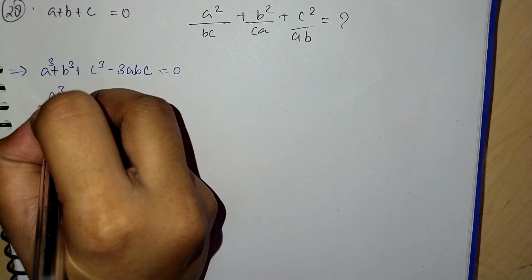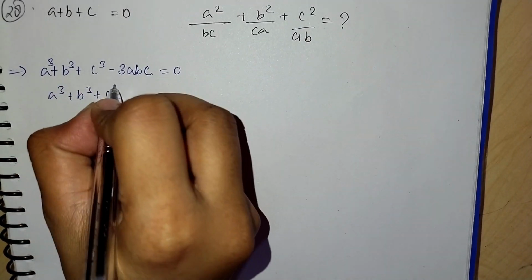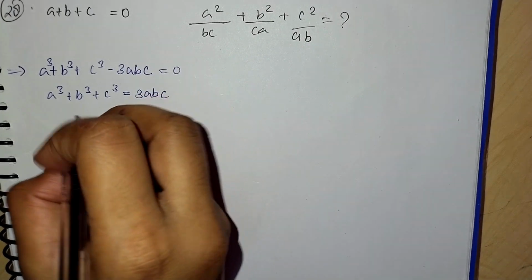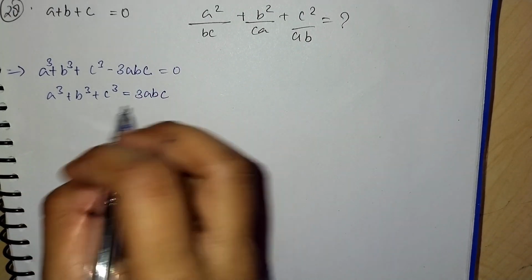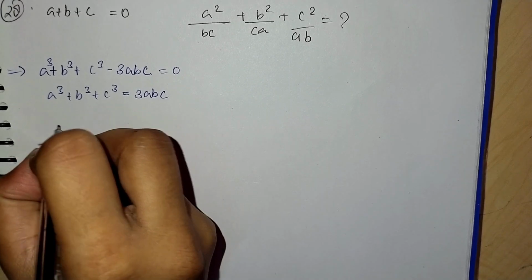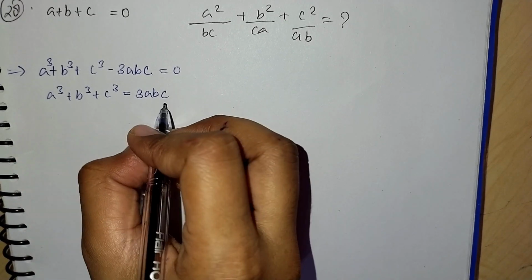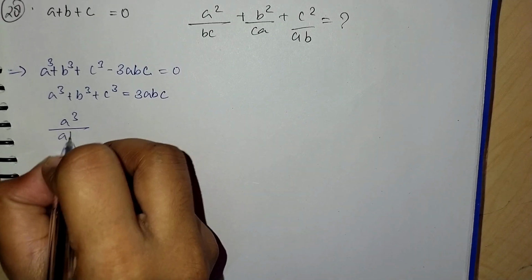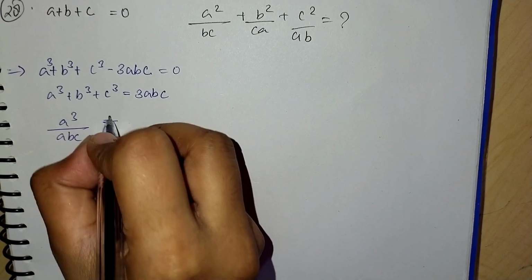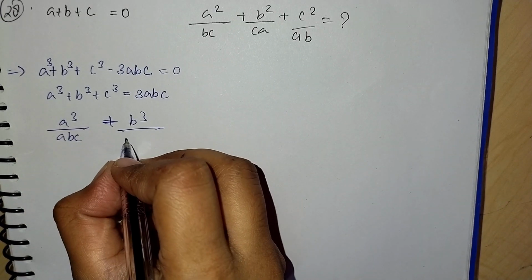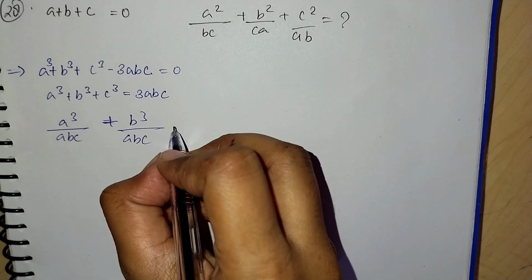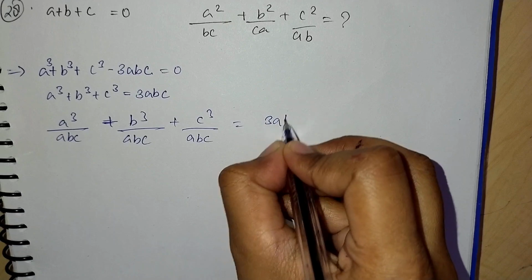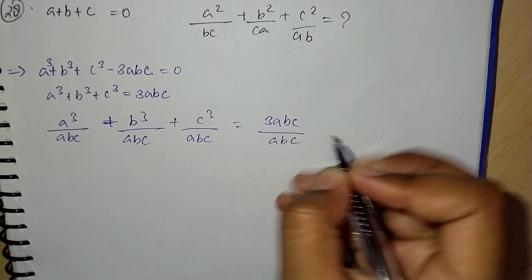So a cube plus b cube plus c cube is equal to 3abc. Now dividing here by abc on both sides, we get a cube by abc plus b cube by abc plus c cube by abc equal to 3abc divided by abc.